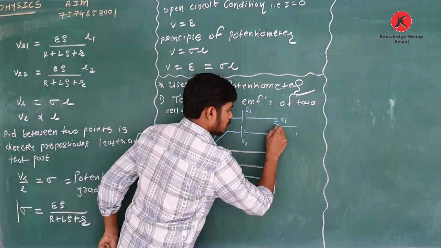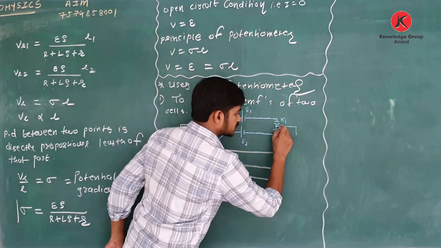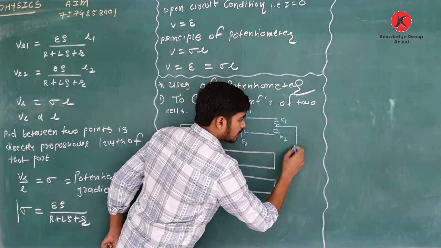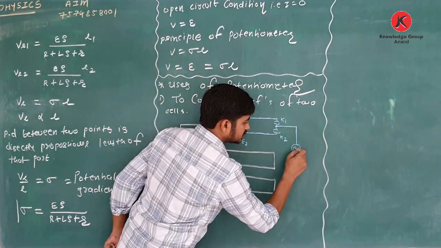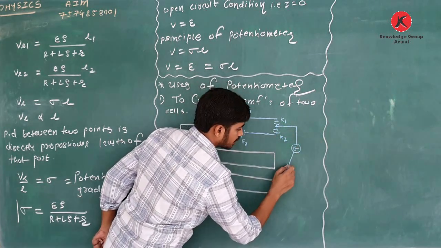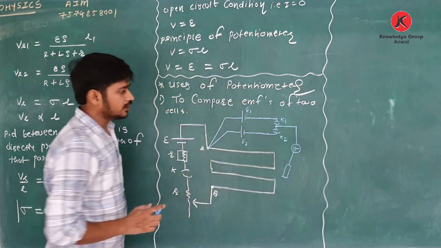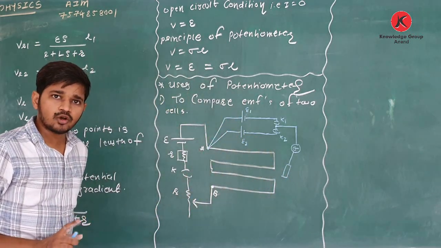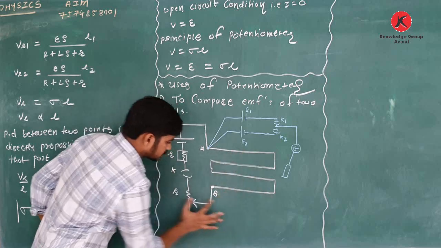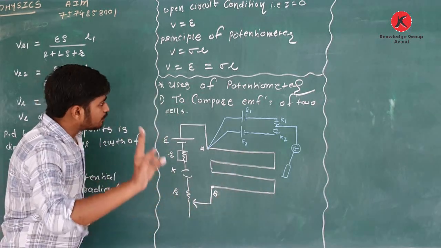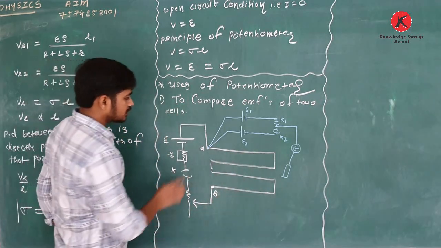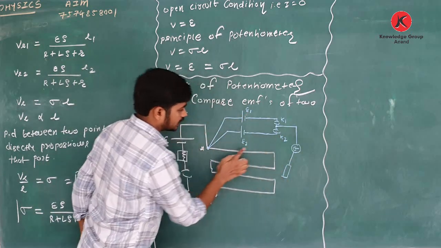And from this connection common to both, you have to connect one galvanometer G with a jockey. Clear about this circuit? Yes, you know this potentiometer circuit. To compare the EMF of two cells, it is an additional circuit.